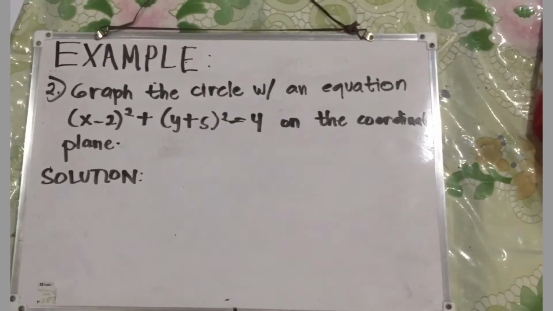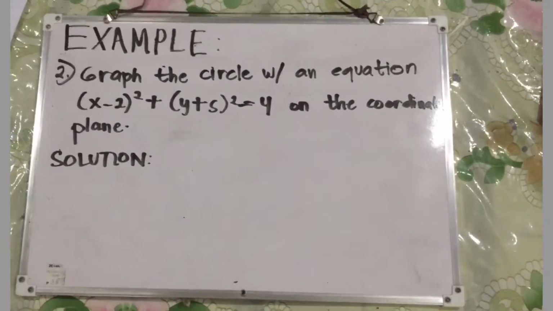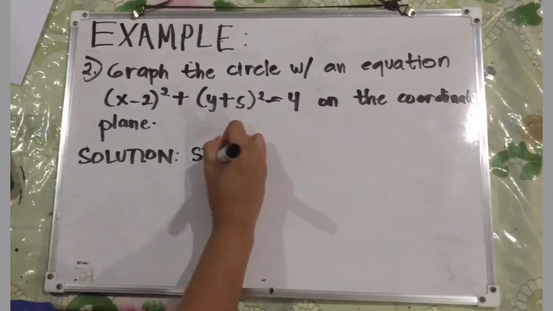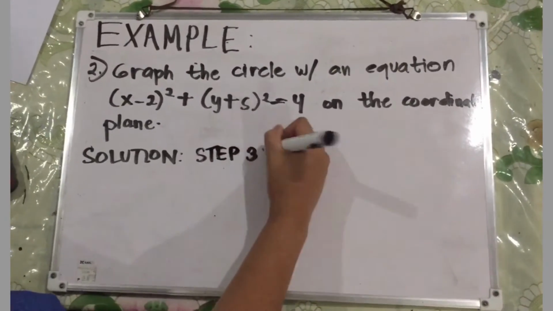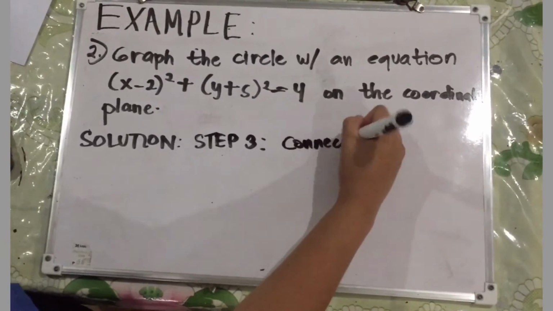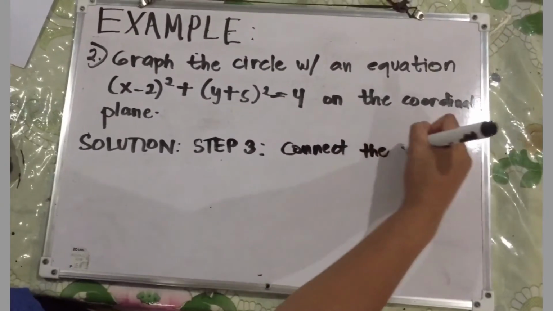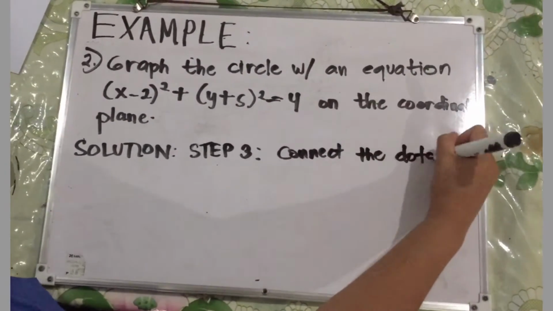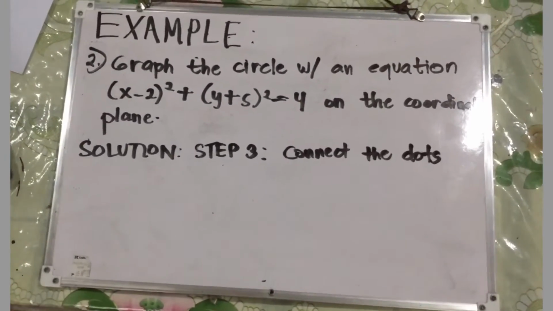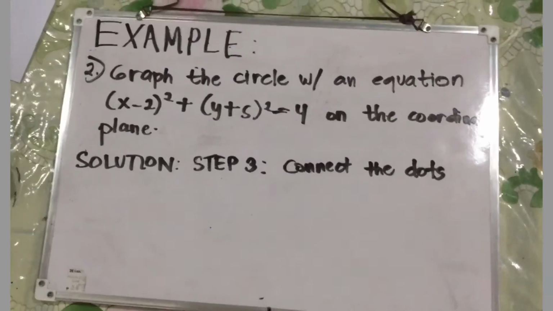Since we already have the center and radius, let's proceed to step 3, connecting the dots to graph the circle using any smooth, round curve.